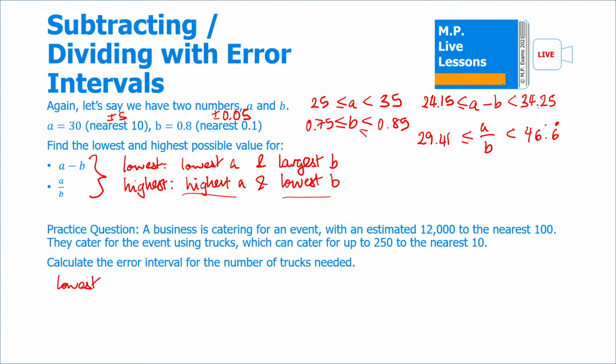So the lowest number of trucks needed is if you got the smallest crowd possible, and you divide this by the largest catering capacity, or the largest number of people served by each truck.